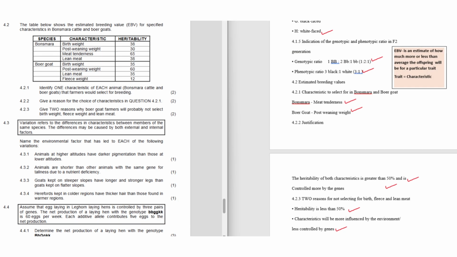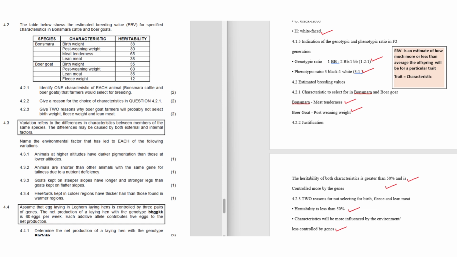Question 2. The table below shows the estimated breeding value, which is EBV, for specific characteristics in Bonsmara cattle and Boer goats. The table has species, characteristics, and heritability. This is where we have Bonsmara and Boer goat. Then characteristics: birth weight, weaning weight, mid-tenderness, and so on. Then for Boer goats, birth weight, weaning weight, and so on.